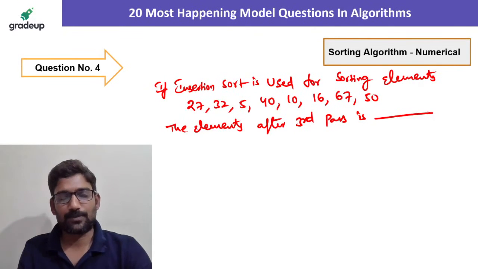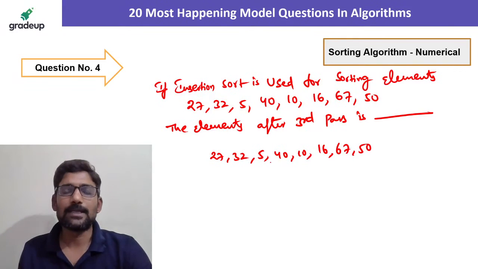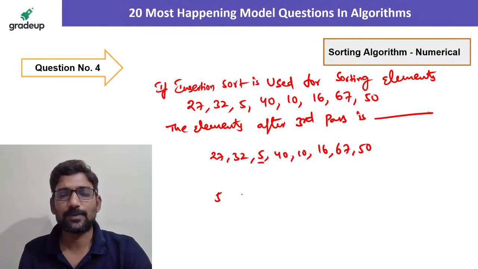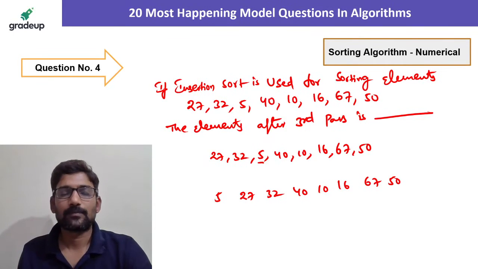So what is the approach? If you take these 27, 32, 5, 40, 10, 16, 67, 50, insertion sort will pick the smallest element and place it in the first position by shifting all the other elements. This is pass 1.